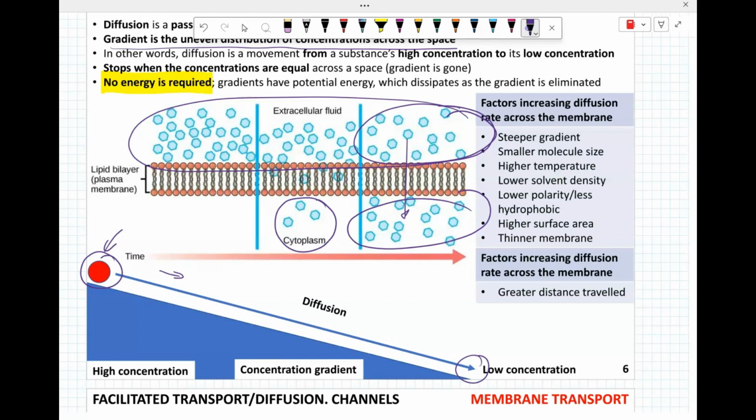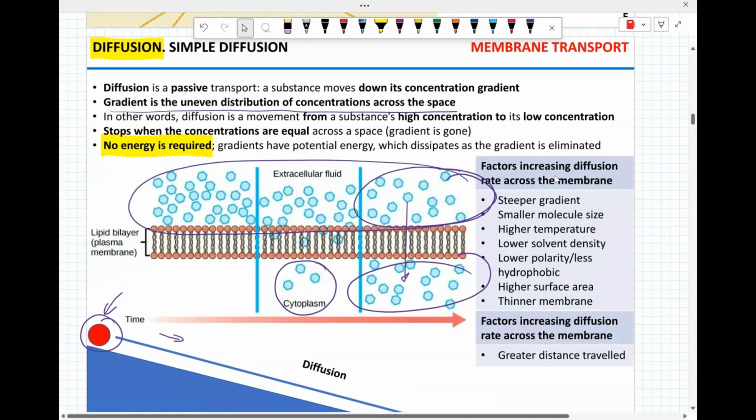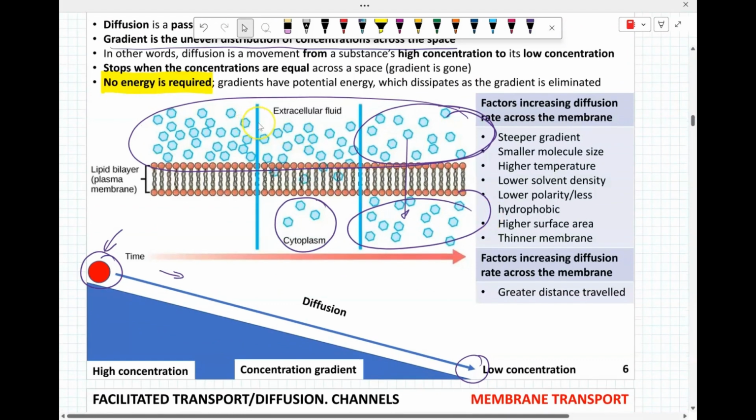However, the term passive doesn't necessarily imply that this process of diffusion cannot be regulated and occurs uncontrollably across the membrane. Before we move on with our discussion of what types of diffusion we can observe in the cells, let's consider the factors that increase the diffusion rate across the membrane.